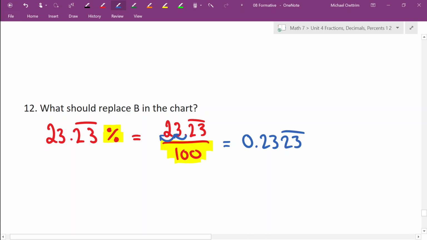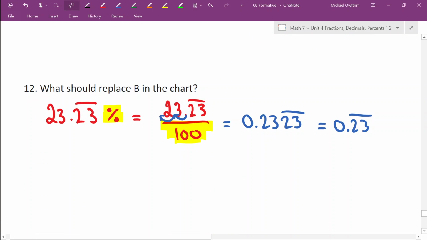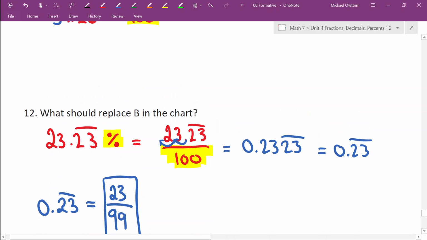And of course, 0.2323 repeating is just 0.23 repeating. So as a decimal, our number here is 0.23 repeating. However, we need that as a fraction. So again, we're going to notice we have 2 repeating digits. That means 2 9s on the bottom, then our digits 2 and 3 on the top. 23 is a prime number, so this is our simplest form fraction for letter B.